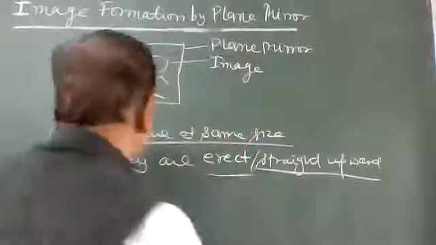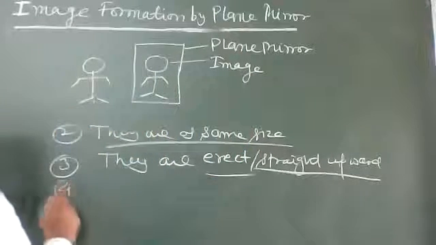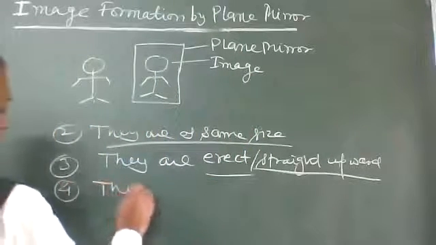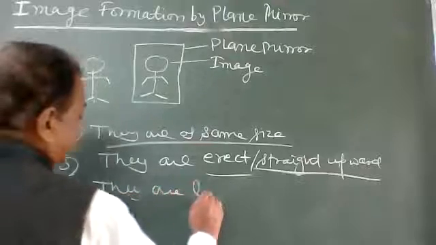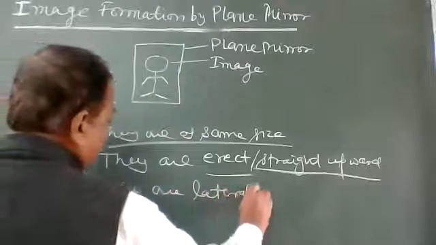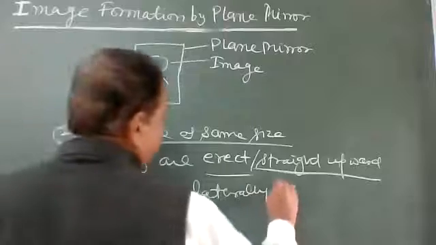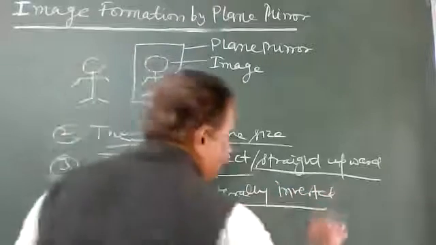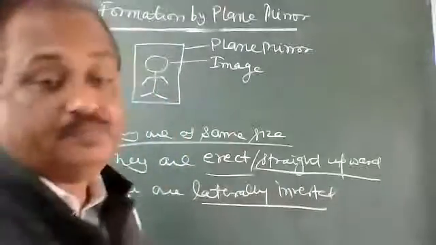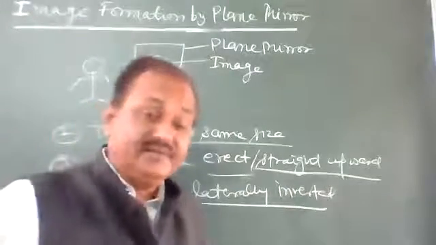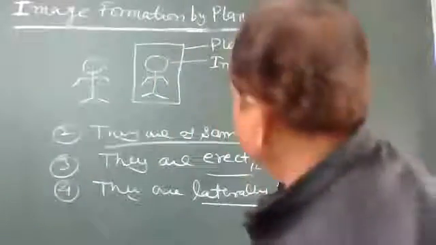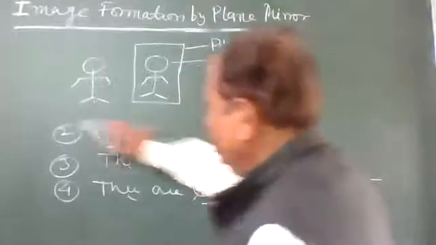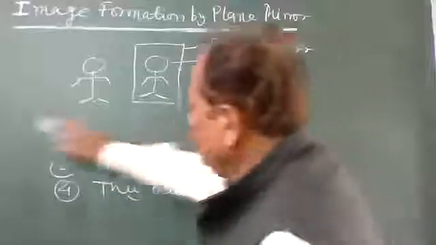Then coming to the next point, they are laterally inverted. This is a very important property of plane mirror. This property is called lateral inversion. So I'm going to explain lateral inversion.